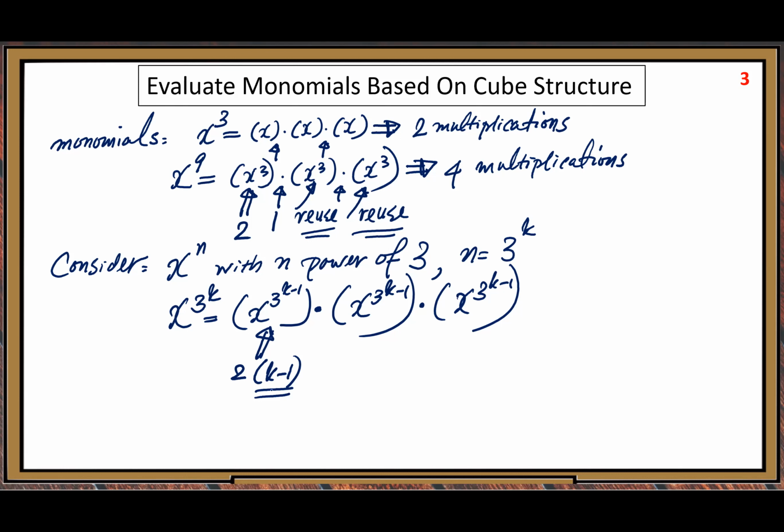Then 1 multiplication for the first dot, another multiplication for the second dot, so add 2 more, and the answer is 2k multiplications.